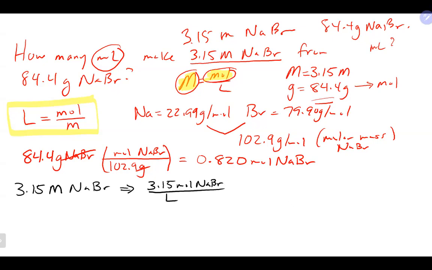You can use it as a conversion factor in dimensional analysis, flip it on its head, and put a liter on top and 3.15 moles of sodium bromide on the bottom.